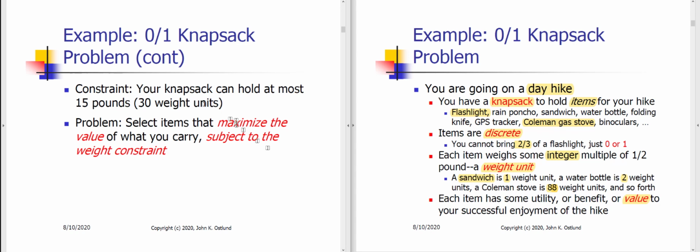Okay, so let's suppose as a constraint that your knapsack is only able to hold 15 pounds worth of stuff.